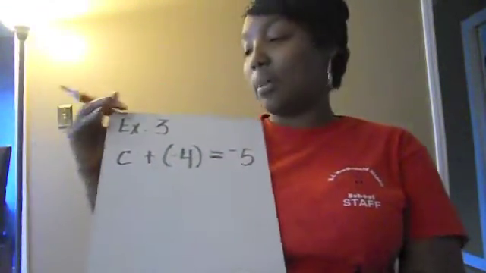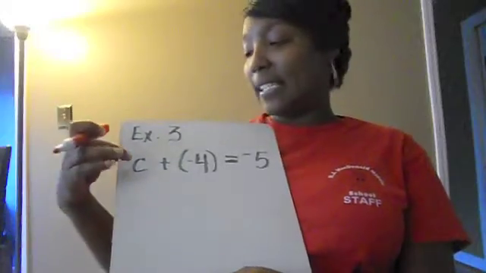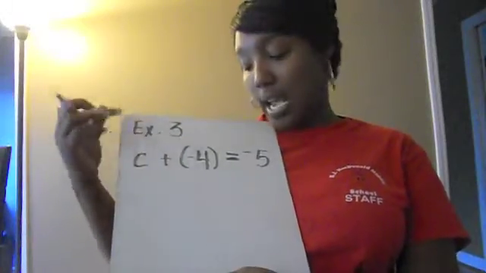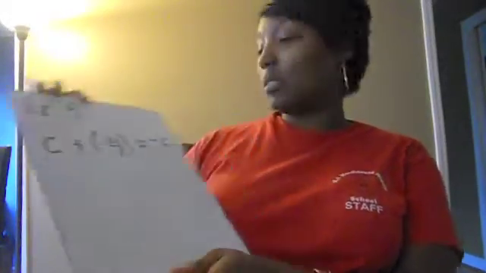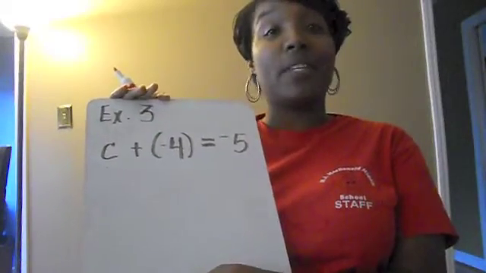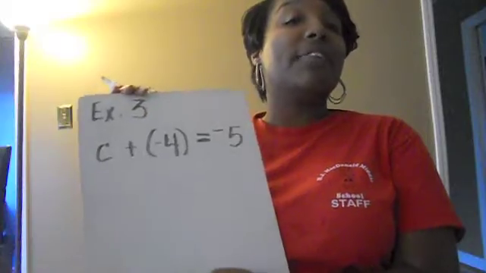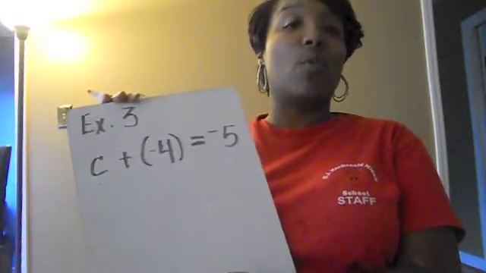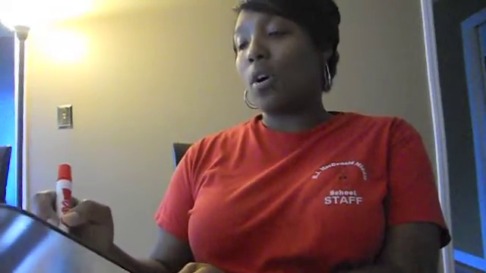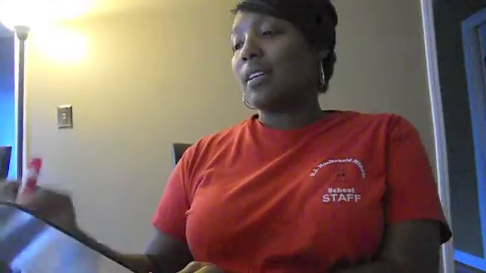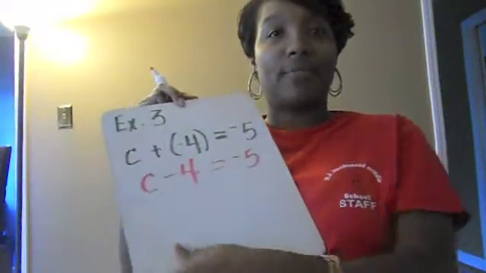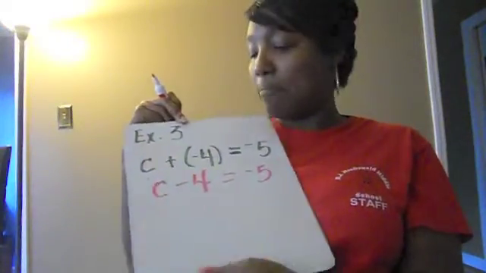Let's change it up a little bit. I have c plus a negative 4 equals negative 5. So we can actually rewrite this problem if that makes it a little easier for you. Okay? And I can rewrite that as c minus 4 equals negative 5. Okay?